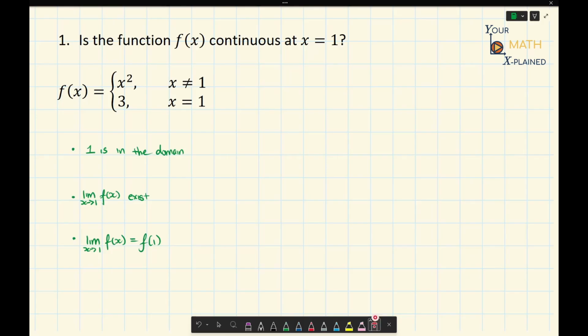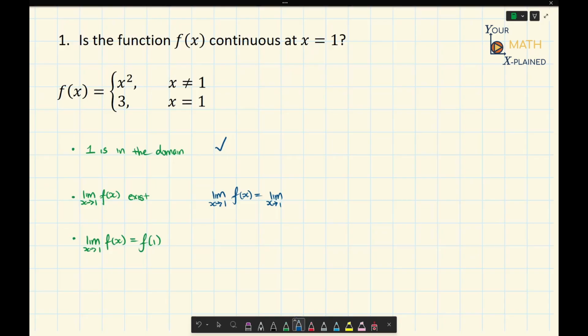The first one says that 1 has to be in the domain. And this is true because we can see that the function is defined at x equals 1. So we can put a check mark here. Our second condition says that the limit as x approaches 1 for our function must exist. So if we look at our piecewise function, we can see that this function is defined as x squared when x is not equal to 1.